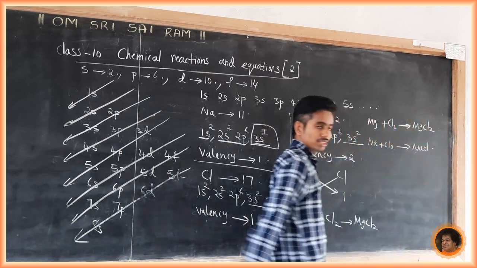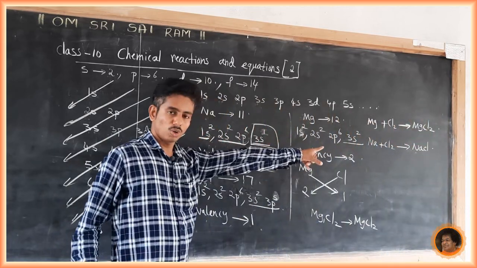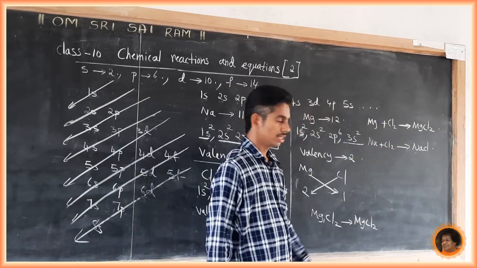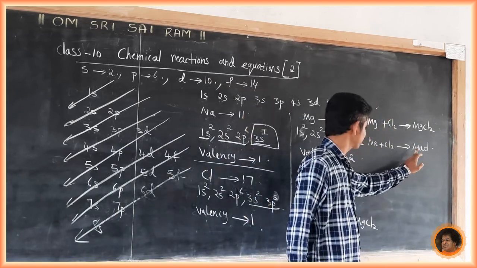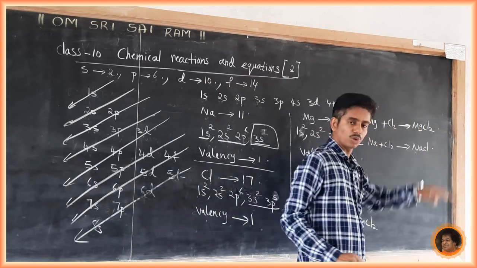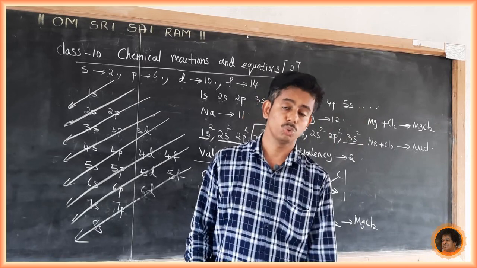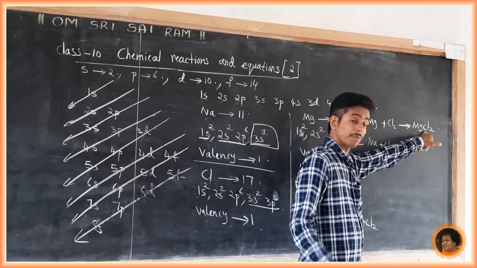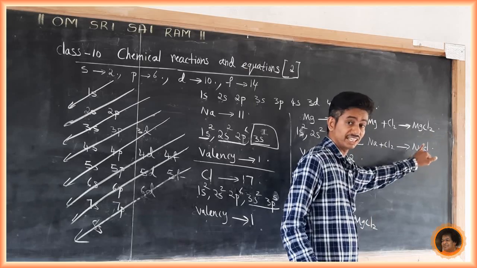This is the difference. Both are chlorides, sodium chloride and magnesium chloride. But look at the molecular formula. Sodium chloride means NaCl, only one chlorine atom. Magnesium chloride, MgCl2, 2 chlorine atoms. Why? What is the difference? Magnesium chloride is MgCl2, sodium chloride is NaCl.